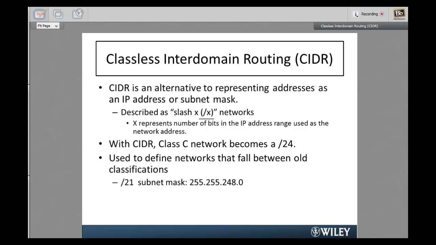The number after the slash gives you the number of bits in the IP address used as the network address. So if you use this CIDR notation, you consider this number as how many bits you will use as the network address, and it will be clear.